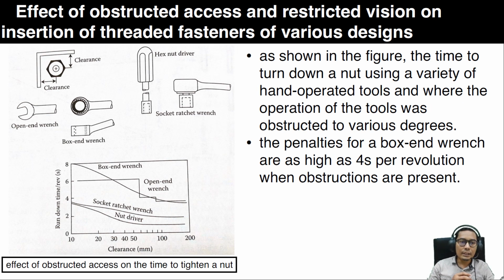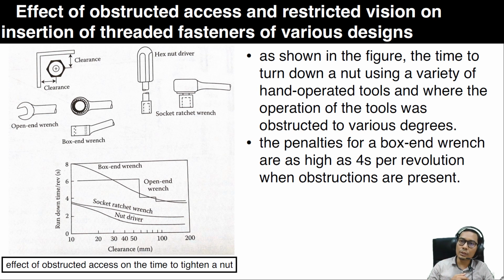This is the effect of obstructed access on the time to tighten a nut, using the open end wrench, the box end wrench, the socket wrench, and hex nut driver. The rundown time versus the clearance for different tools.